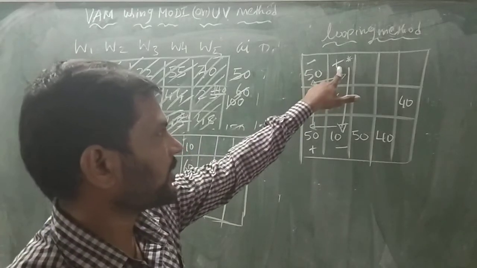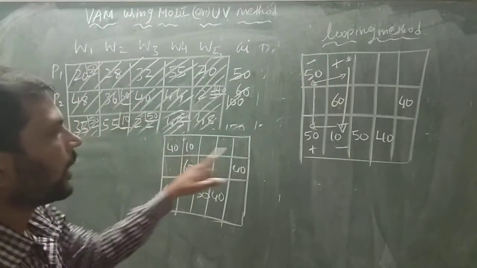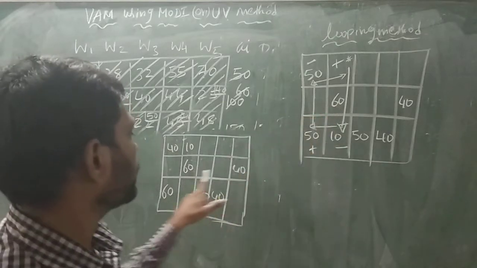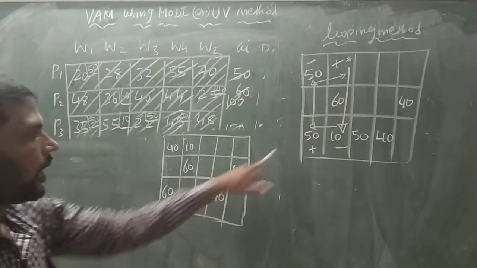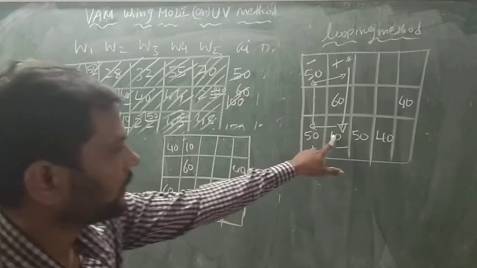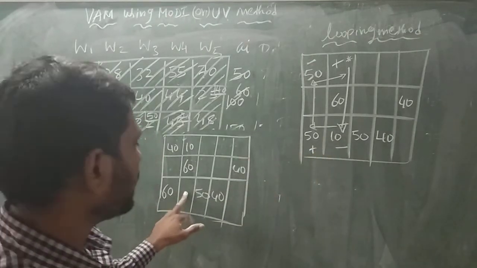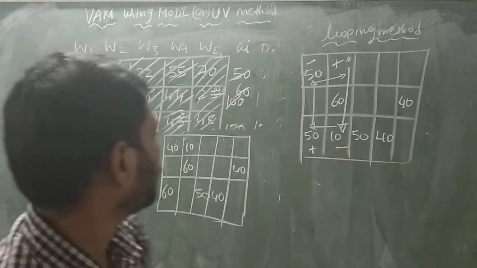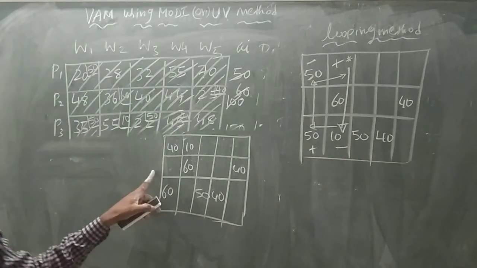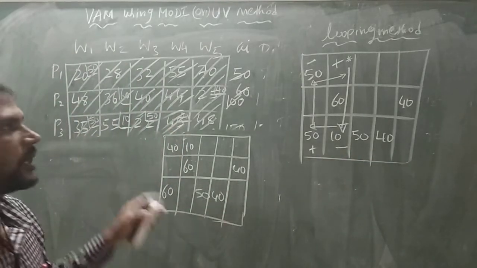Here is the plus symbol, so 10. Next one is 60, there is no sign, so 60 is the same. And 50 plus 10 is 60. 10 minus 10 is 0, so we do not enter the value. Next to 50, 40. So this is the new allotment cells.